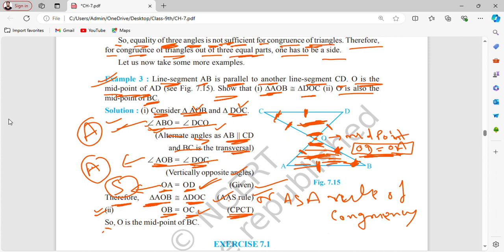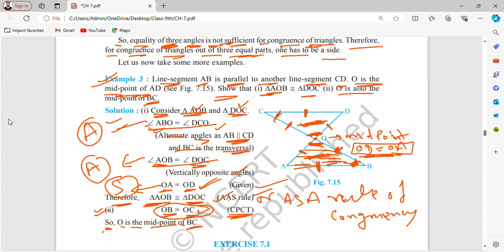Due to this relation, we can write that O is the midpoint of BC, because it also divides BC into equal parts, OB and OC.